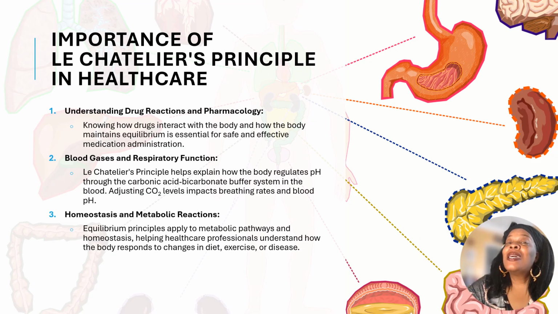That deals with carbon dioxide levels in the blood. Number three, homeostasis and metabolic reactions. Equilibrium principles apply to the metabolic pathways in homeostasis, helping healthcare professionals understand how the body responds to changes in diet, exercise, or disease.